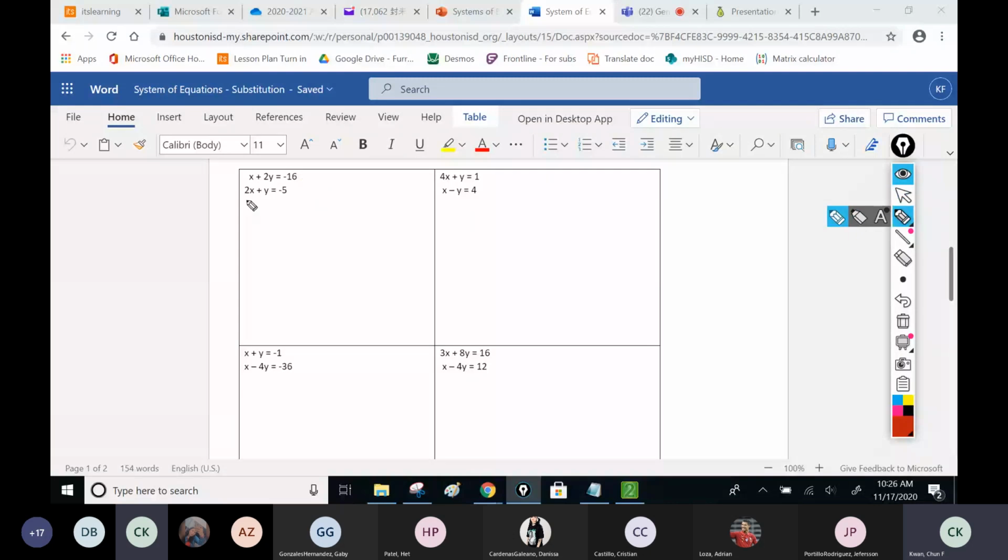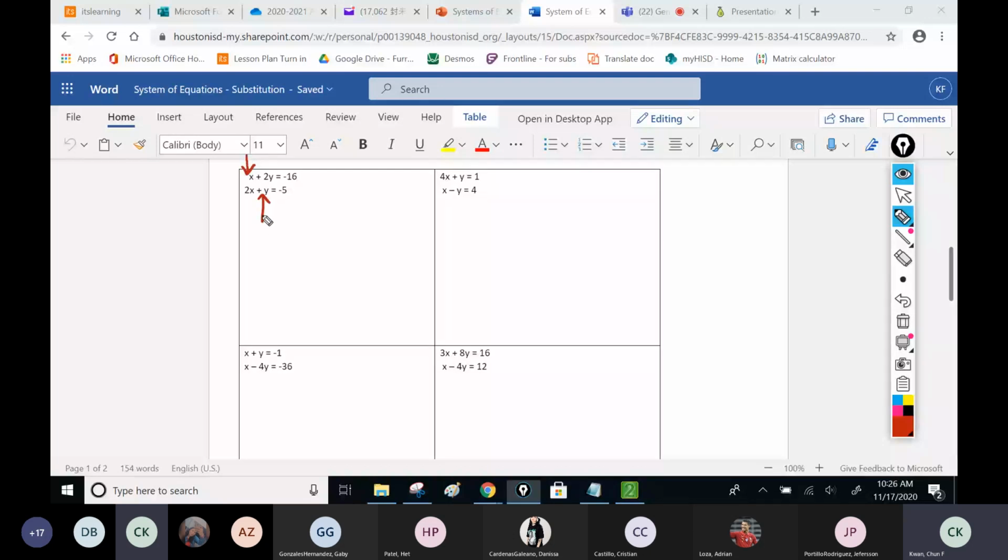So you have 2 equations. One of them is x plus 2y equals negative 16. The other one is 2x plus y equals negative 5. So to be honest, neither equation is going to give you an advantage because they both have a variable that has no number in the front.